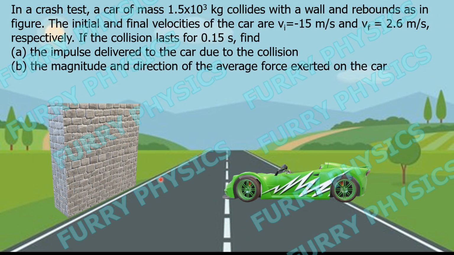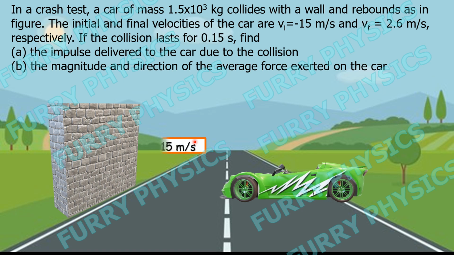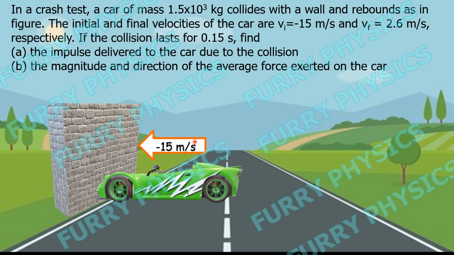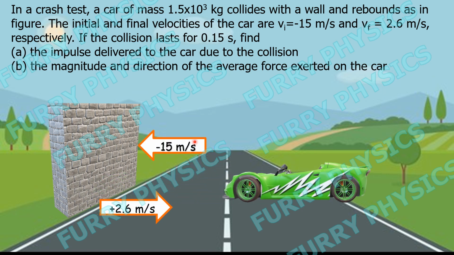The crash test: a car of mass 1.5 times 10 to the 3 kilogram collides with a wall and rebounds as in the figure. The initial velocity of the car is negative 15 meters per second. It's negative because it's moving to the left.